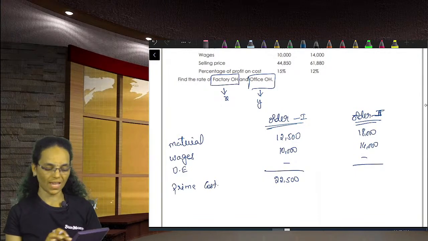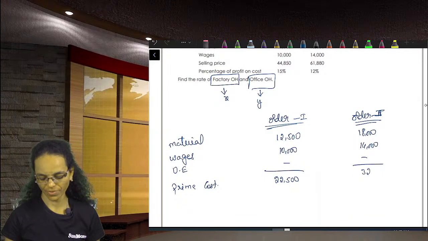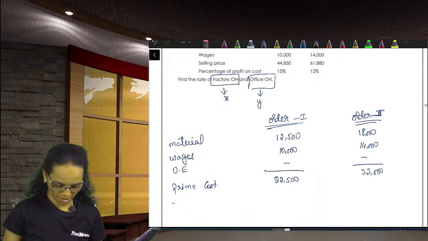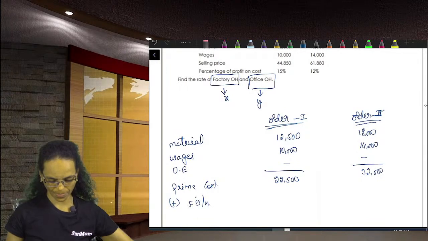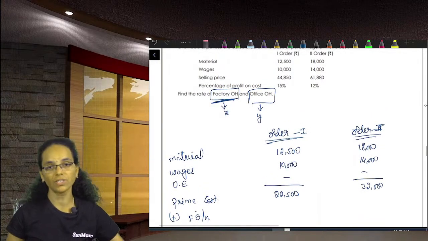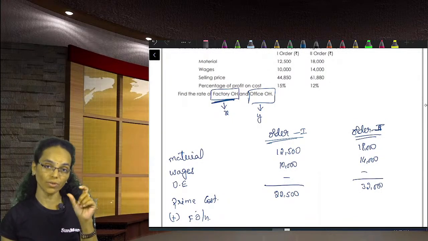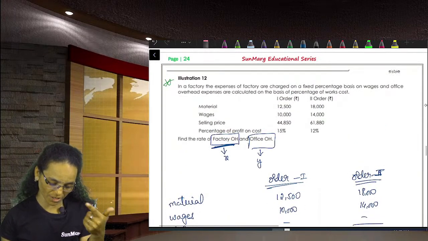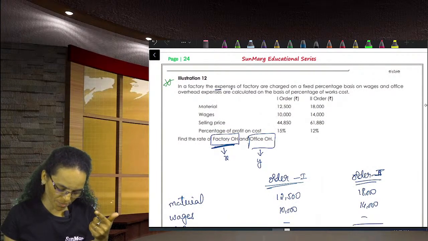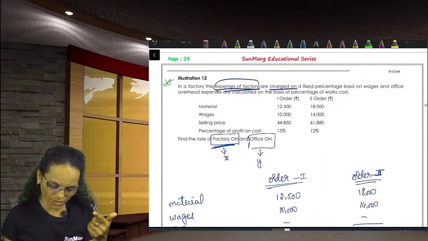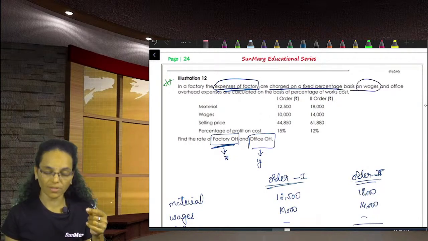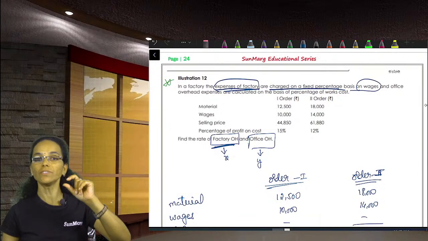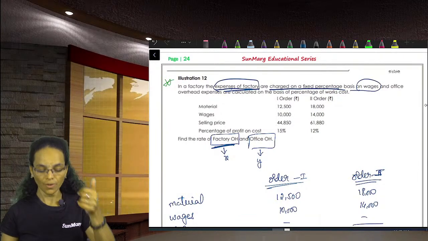For this one we need the calculator. 18,000 plus 14,000 is 32,000. Prime cost plus factory overhead. But the factory overhead percentage is not given. Factory overhead is on what basis? The expenses of the factory are charged on a fixed percentage. We don't know the percentage, on the basis of wages. Wages into some percentage will be our factory overhead, if you remember.